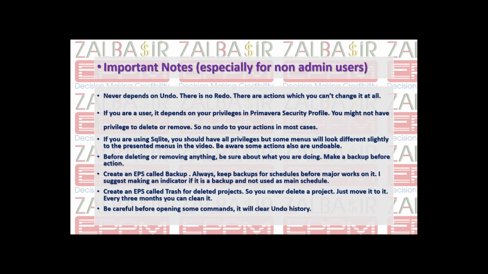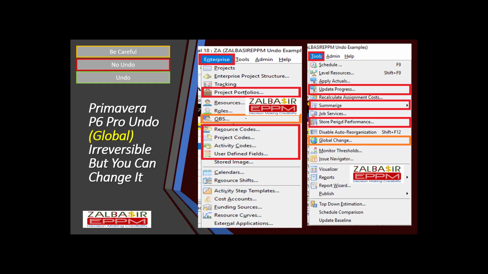Read what I wrote here carefully in your time, and let's go to the next one. Now, here, what does it mean? Be careful, no undo and undo. If you notice here, I don't put the green because there is really no green. It's a changing thing. So you do it and you edit it or you remove it.